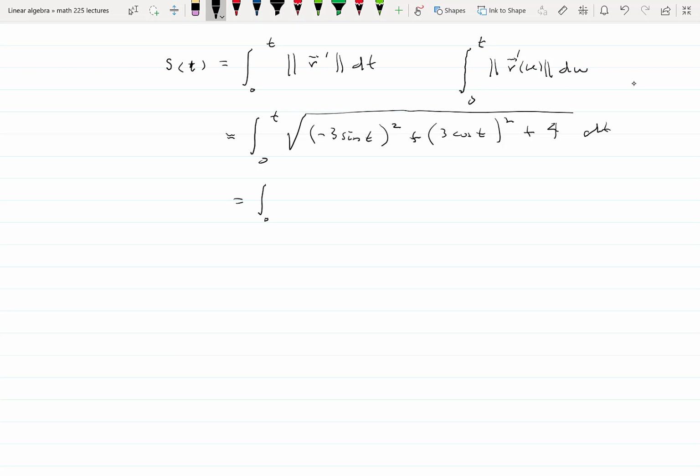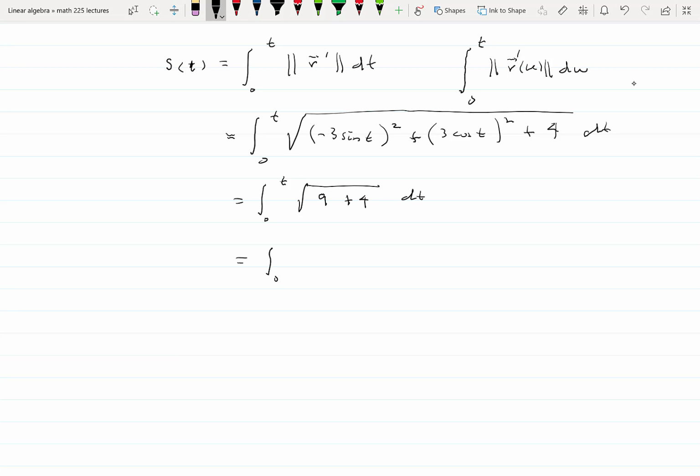So this is the integral from 0 to t. Sine squared plus cosine squared is 1. So the quantity 3 sine t squared plus the quantity 3 cosine t squared is 9 sine squared plus 9 cosine squared, which is 9. So 9 plus 4 integrated with respect to t.